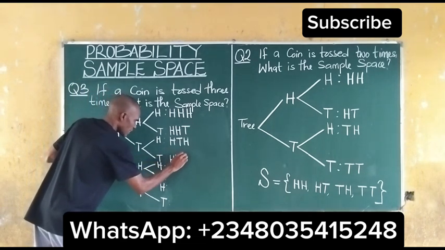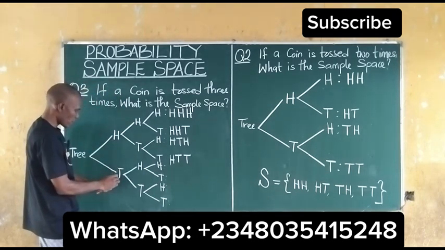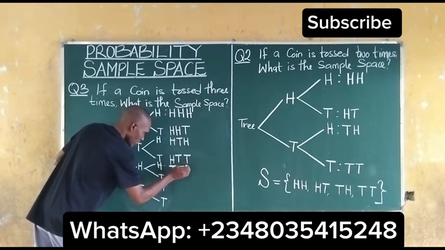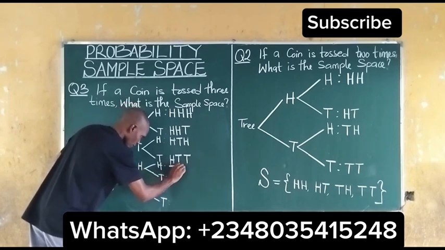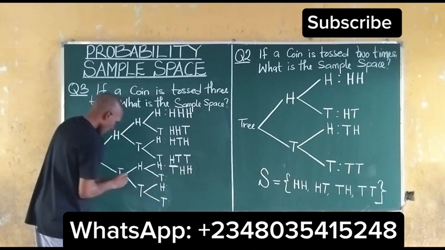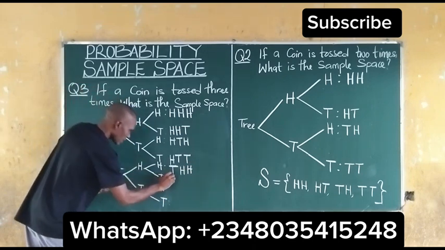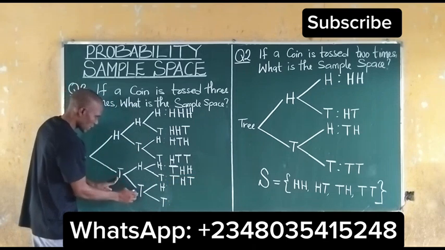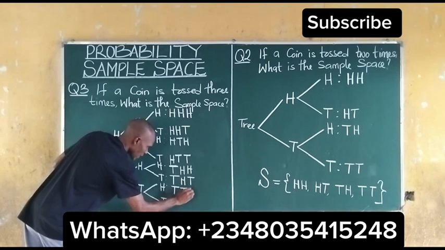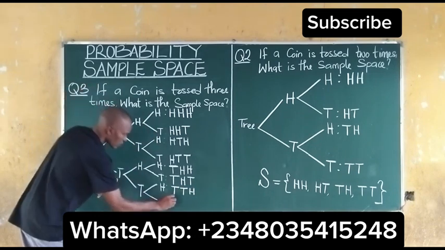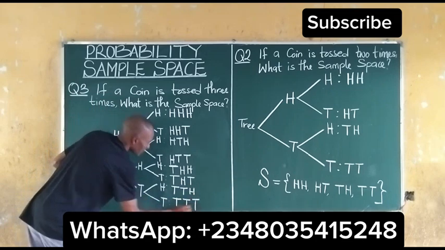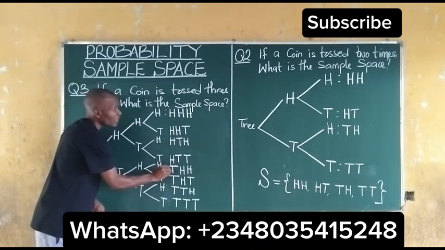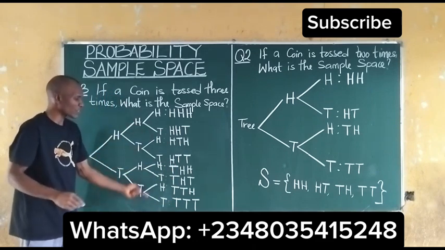The next outcome will be tail, head, head. The next outcome will be tail, head, tail. Also tail, tail, head, and tail, tail, tail. These are the possible outcomes we can get if we toss three coins.